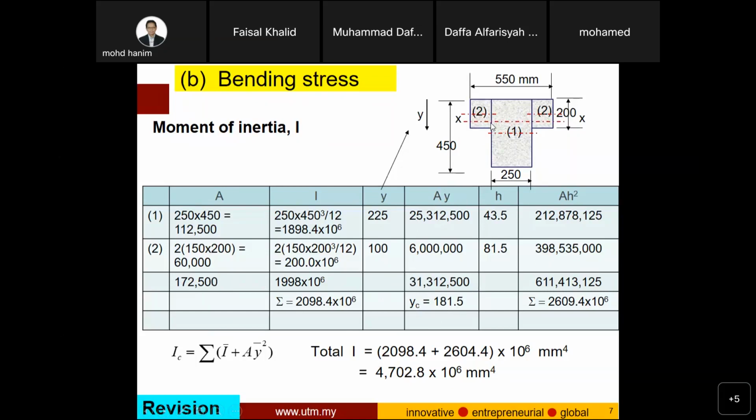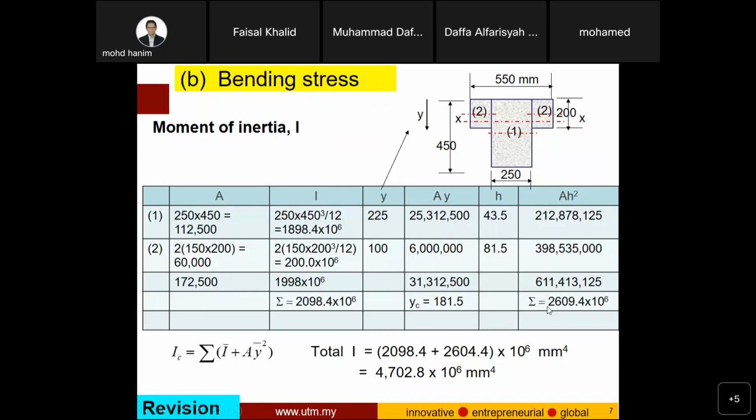Then once you have yc, you can calculate h for segment 1 and segment 2. Then A h squared, the summation is 2609.4, and this is the I for A h squared.